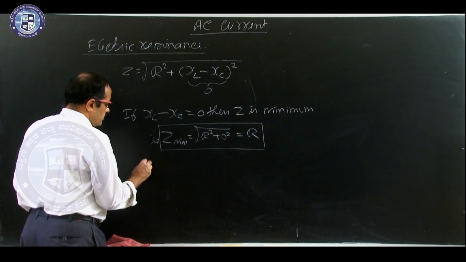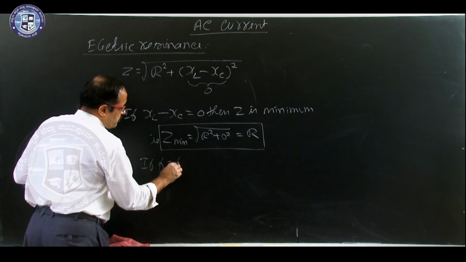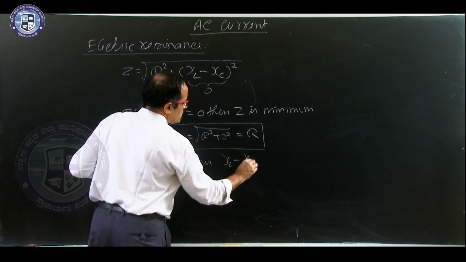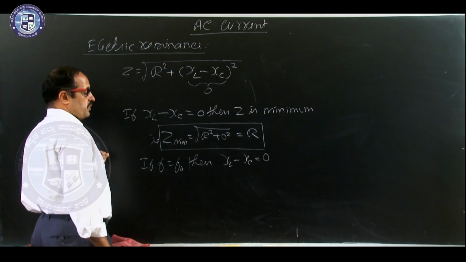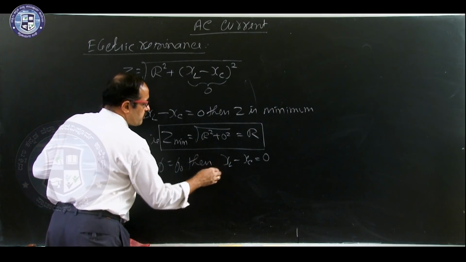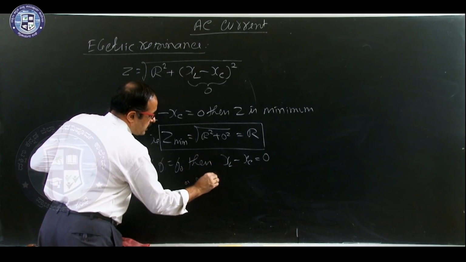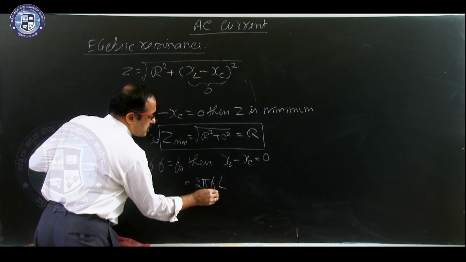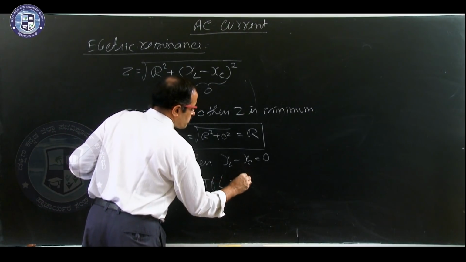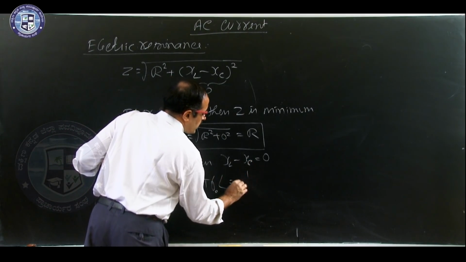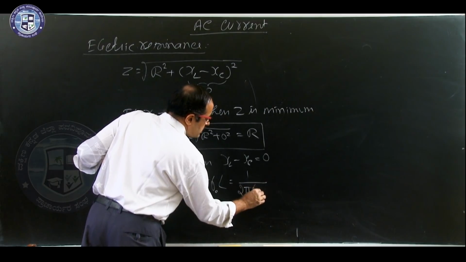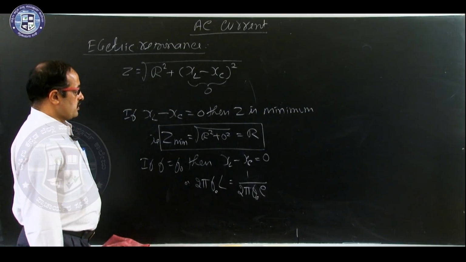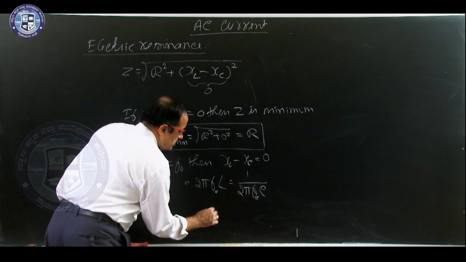So, I will write like this: if F is equal to F naught, the resonant frequency, then XL minus XC is equal to 0. So, substitute what is XL? 2 pi F L, with the frequency being the selected frequency F naught, is equal to XC, the capacitor reactance, 1 divided by 2 pi F C. Again F is equal to F naught. Now, simplify this one.